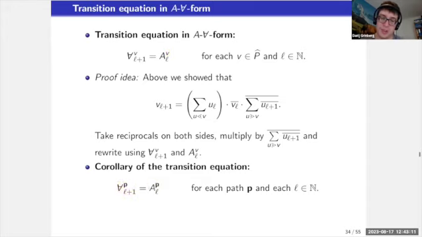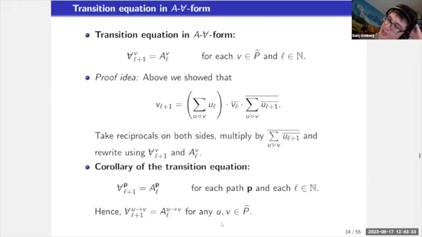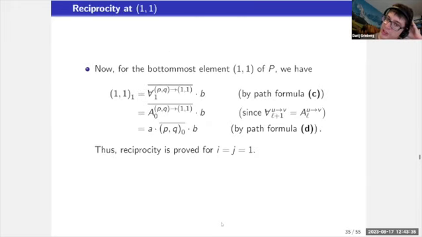Those values for a path P are just the products of the values for every vertex of the path. And therefore, those other values are also equal. So basically, anytime you see a reverse A, you can replace it by a normal A, but you have to decrease the time variable by 1.